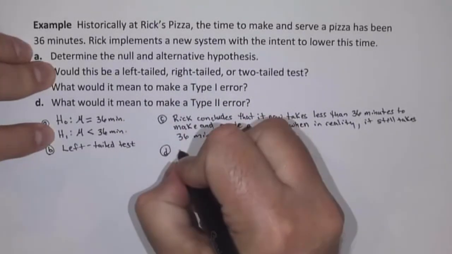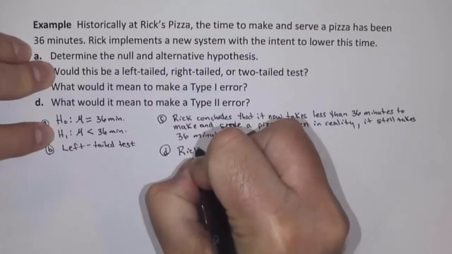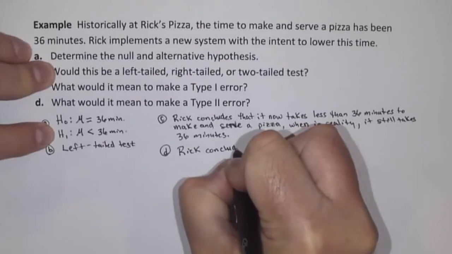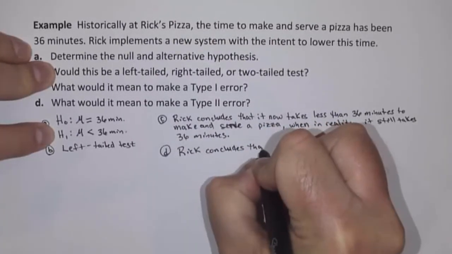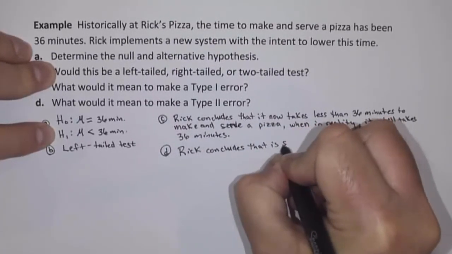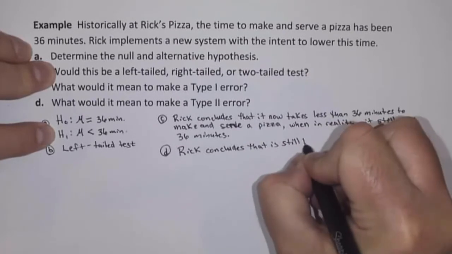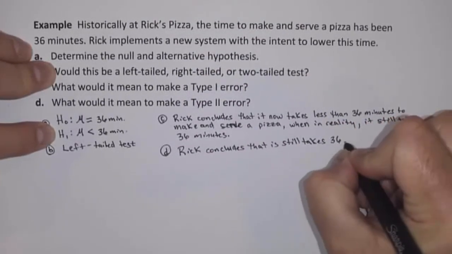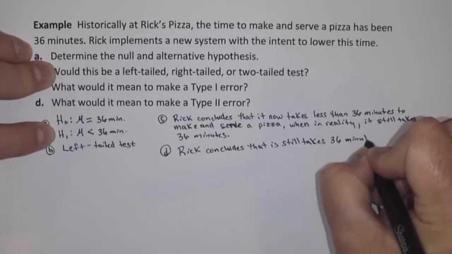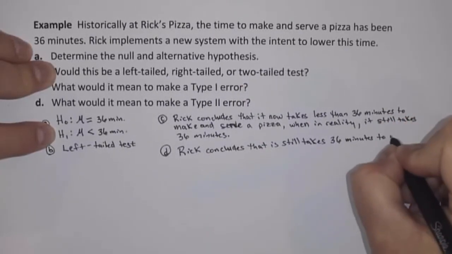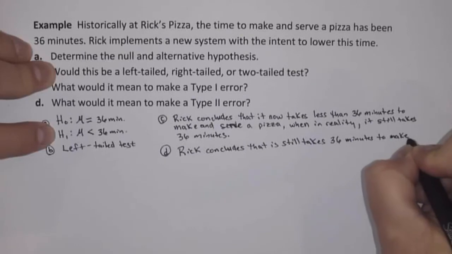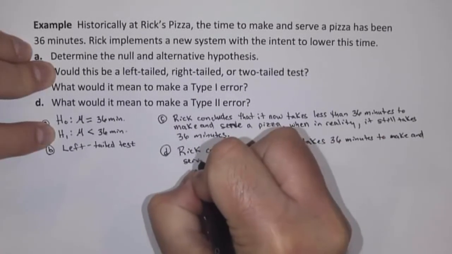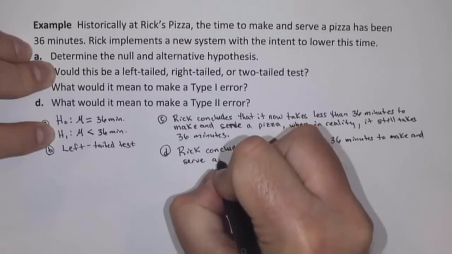So our conclusion would be Rick concludes that it still takes 36 minutes to make and serve a pizza.